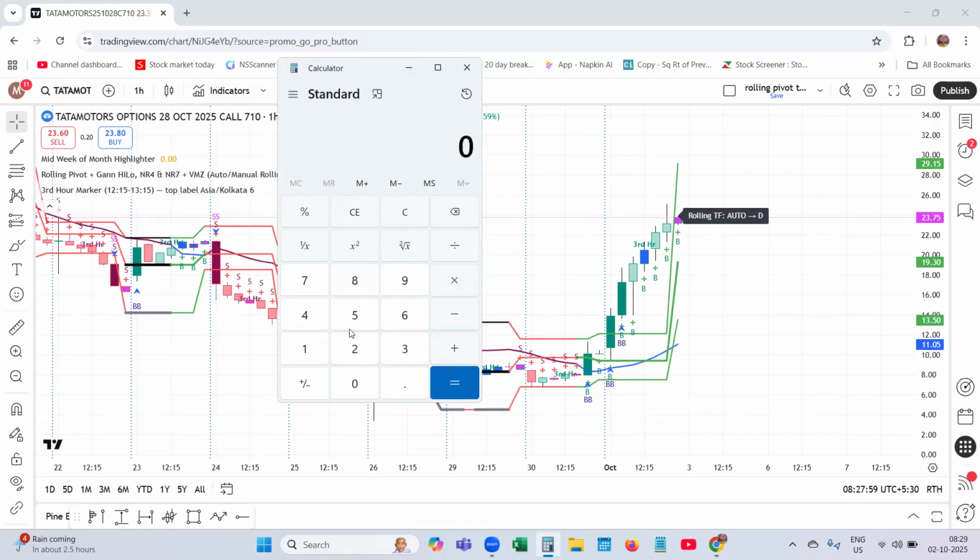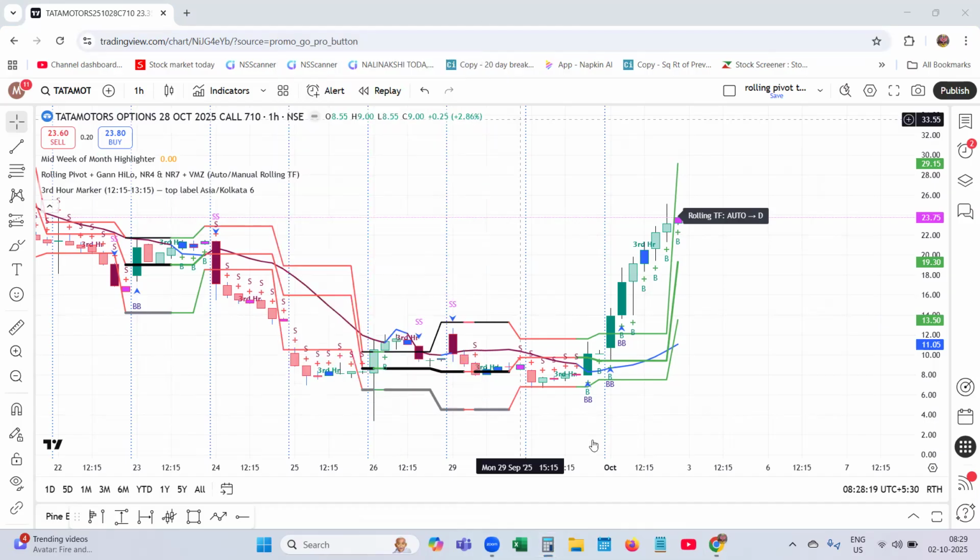Let me clear this. 24 into 800, 19,200. For 7,000 rupees, you would have made 19,200 rupees. This is the beauty of the indicator.